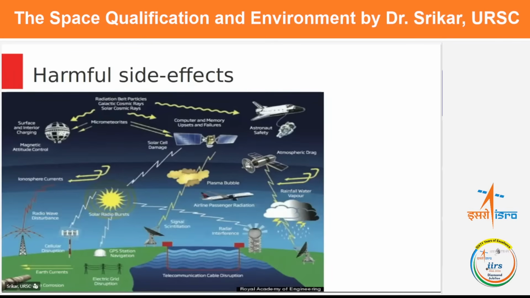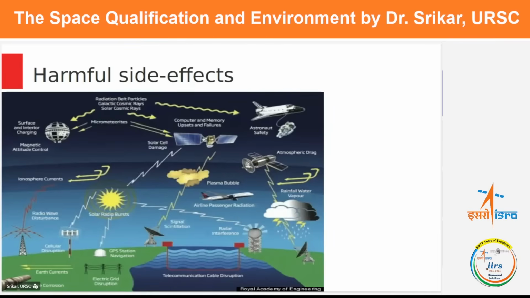It's a good summary plot that captures several of these effects that we have to be wary about. It can also affect airline passengers, especially on polar routes, where there can be a huge flux of particles going through. It can also alter the Earth's geospace density, because there's a huge influx of plasma that can increase the drag.